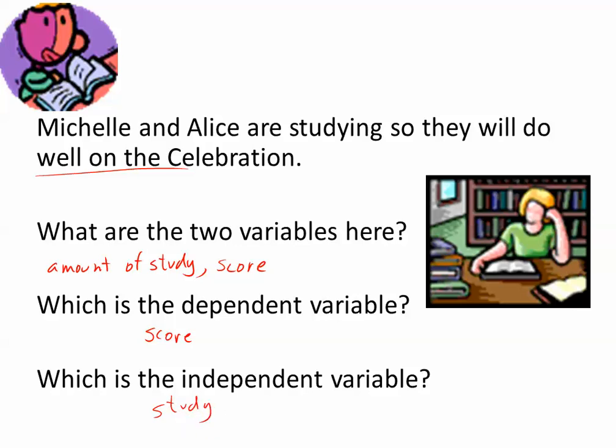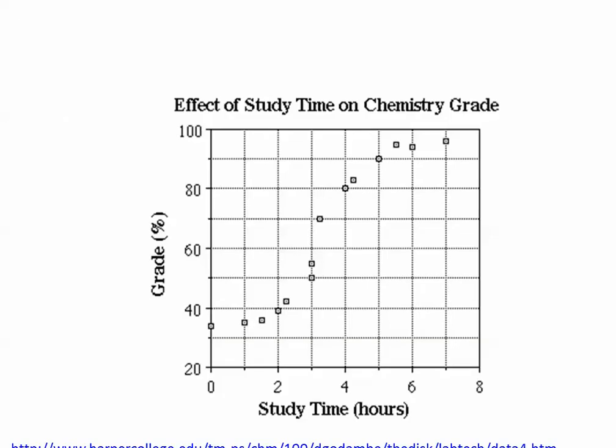Cake, right? No problem. So here is a graph that shows study time on a chemistry test and the grade. Now, a couple of things I want to look at. First of all, is this a function? Okay, well, you've had enough time to think about it and look at it. The answer is no. Why is it not a function?